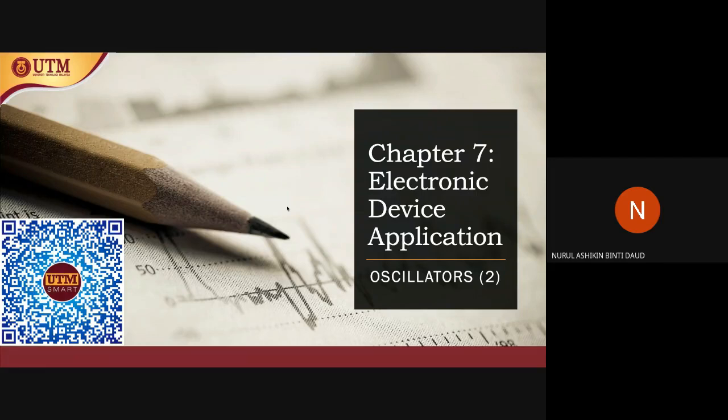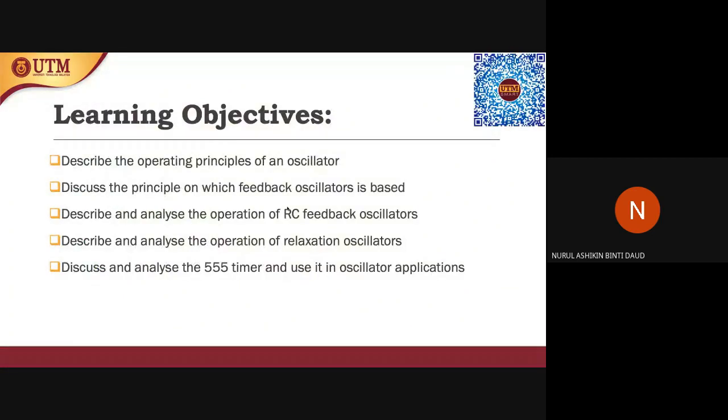Before this, we looked at the operating principle of an oscillator, the sinusoidal oscillator, and the feedback oscillators.